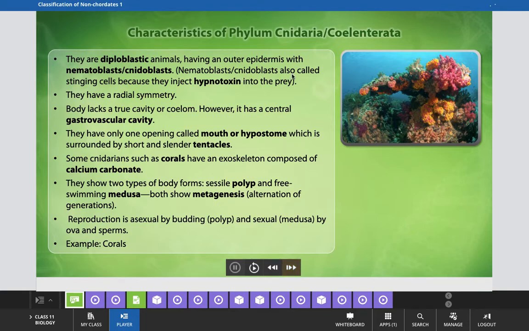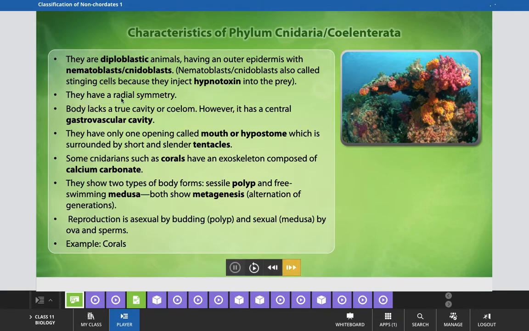Nematoblasts or nidoblasts are also called stinging cells because they inject hypnotoxin into the prey, which is a type of toxic substance in their defense system to protect them against enemies. They are using that trick, and due to this it is known as phylum Cnidaria.